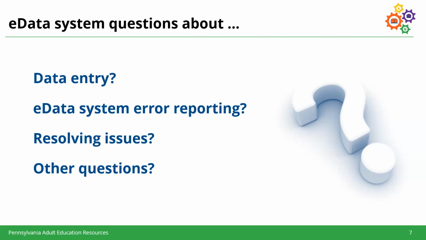My understanding is it's the same process this year. So if you don't see your grant today, Wednesday, you can check again next Monday. That would include additional grants if you're already in eData but you're waiting on, say, a family literacy grant or IELCE grant. You just check each week to see what's been added.